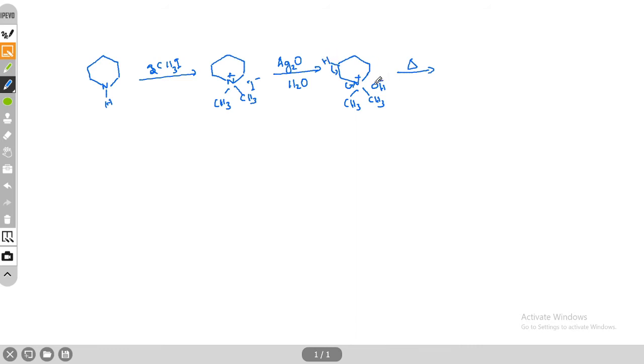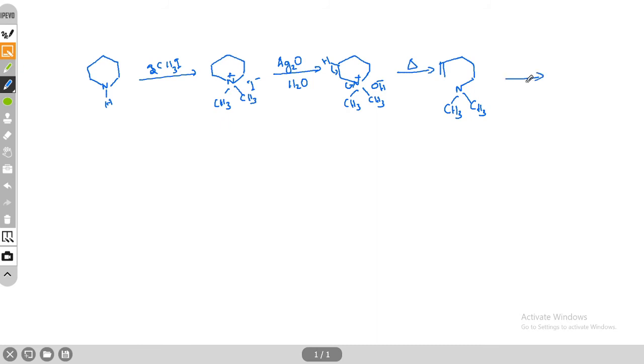This hydrogen will go with the OH minus to form water, so this bond will be a double bond. The product is N(CH3)2 plus the byproduct water. This is again a tertiary amine.